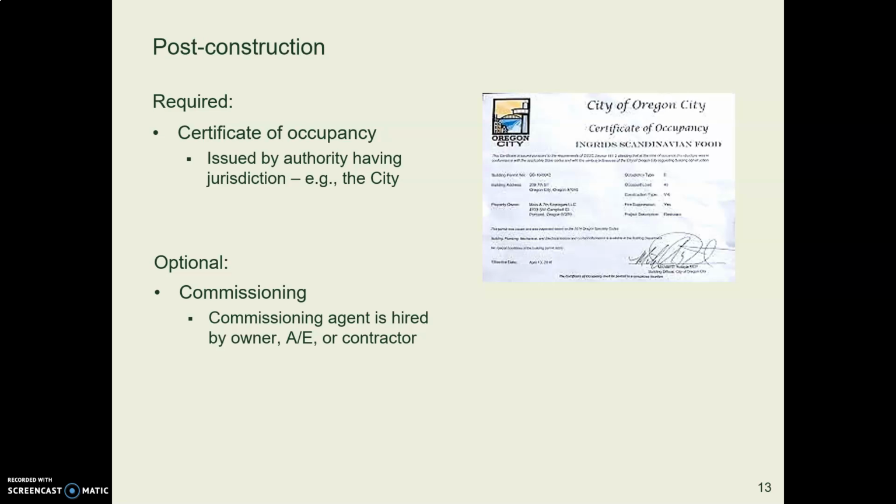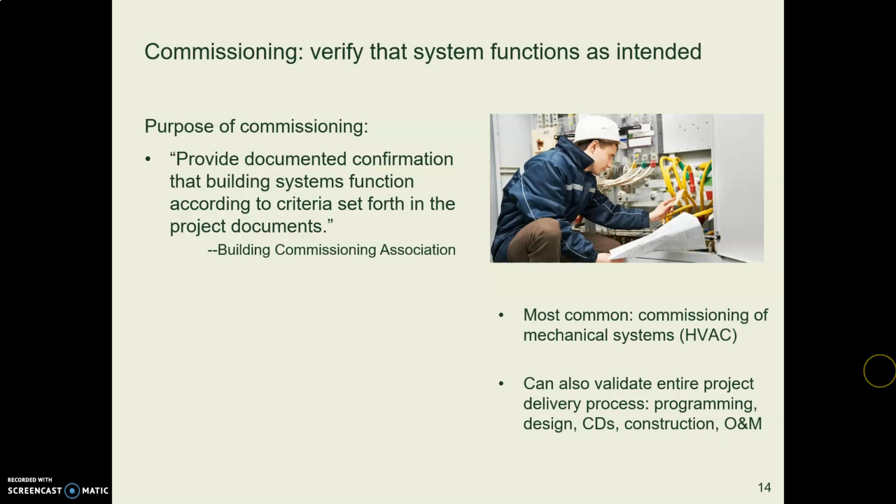And so the jurisdiction, like the building department, will issue that certificate. Now, oftentimes at this stage, a commissioning happens, and commissioning is a kind of feedback loop. It's a kind of audit step where a professional verifies that the things operate as they were intended.